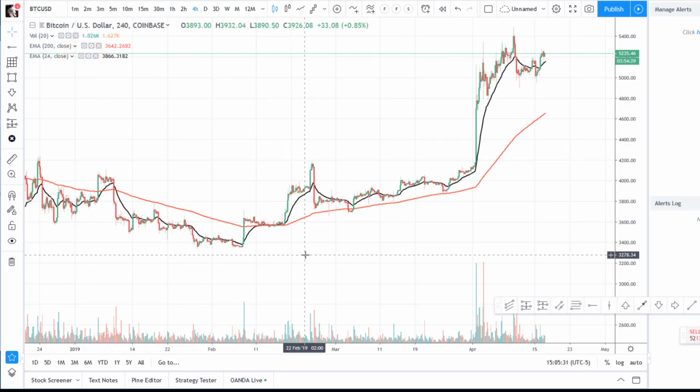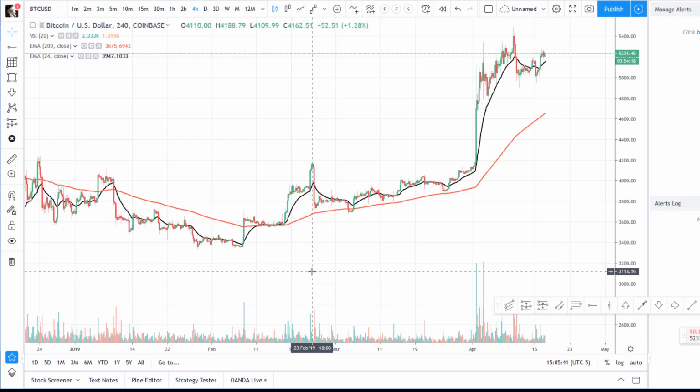Now, I'm not going to discuss why these two moving averages, other than from these trade examples or the specific style of trading that I do, these two moving averages are the information that I want from price. If you watch the previous price video, that's really the foundation of the trade decisions that you should be making.